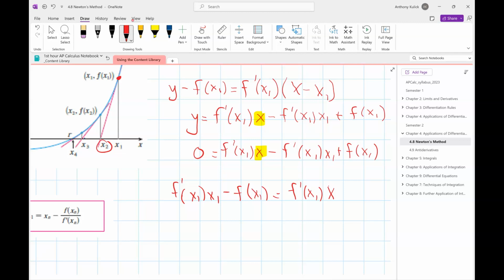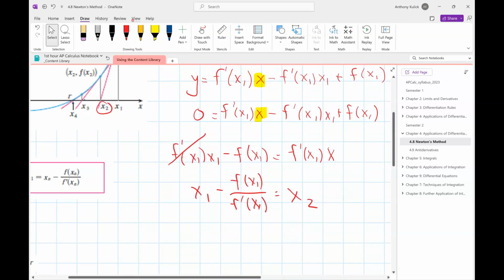So far, so good. And if I divide both sides by the derivative evaluated at x1, it's going to cancel here. But I'm still going to have it divided over here. And if I just call that x2, which is what we just found, that's our derivation, right?